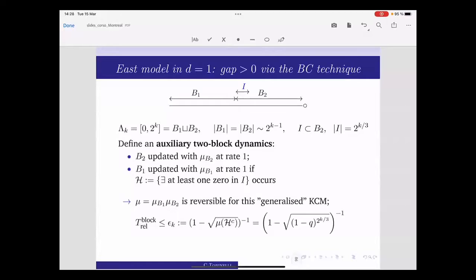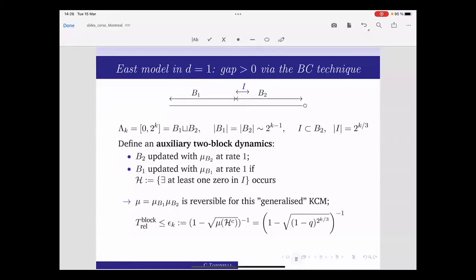So I have for this auxiliary block dynamics a relaxation time that goes to 1 when k goes to infinity, because the probability to have at least one empty site with respect to equilibrium in this stripe is 1 minus q to the power of the cardinality of this stripe.